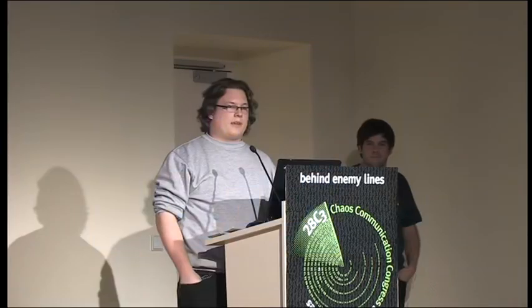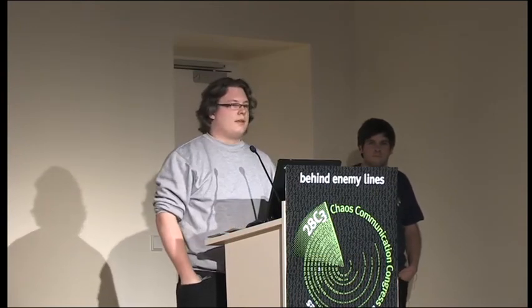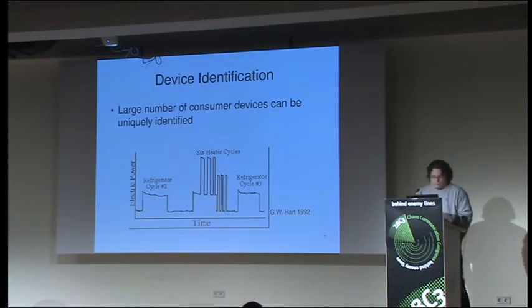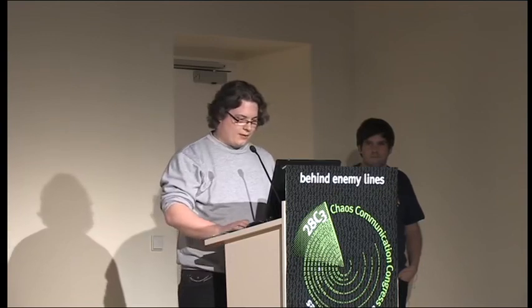From the data, Mr. Hart showed in 1992 that you can identify several consumer devices uniquely. What you see here is, for example, a refrigerator which has 3 power cycles and 6 heater cycles, which are added to the signal.